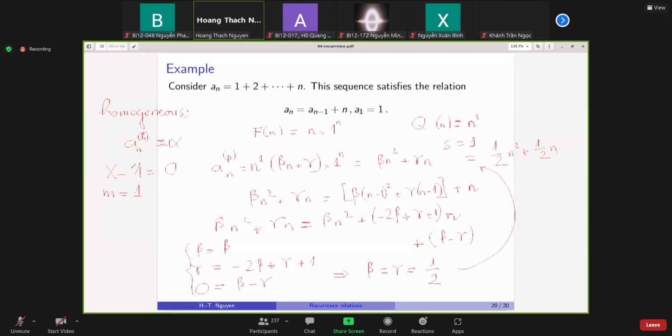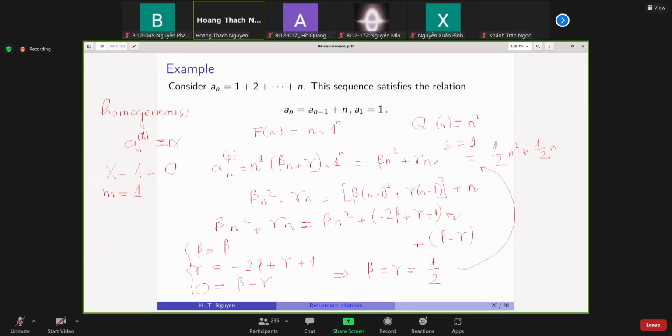So s is the solution to this equation with multiplicity 1. So we find ourselves in the second case. According to the previous theorem, our particular solution must have this form here.